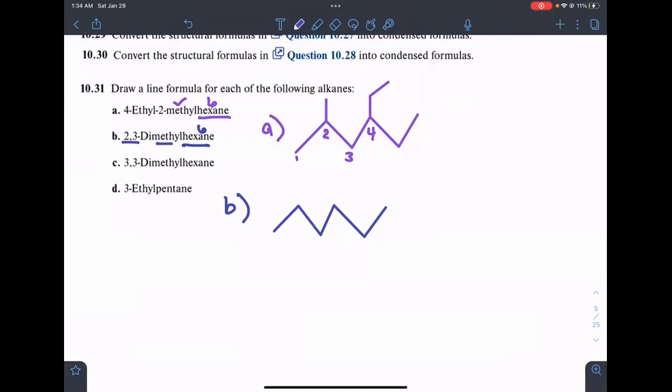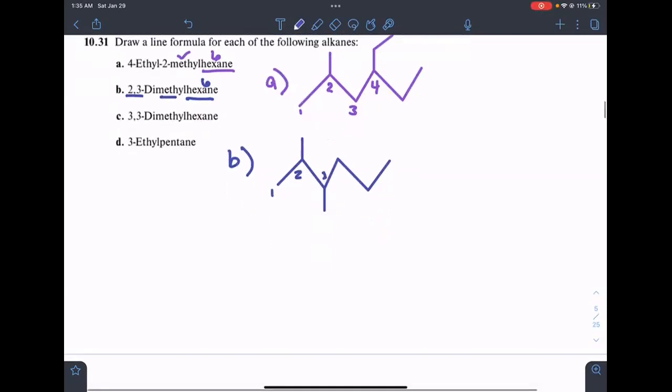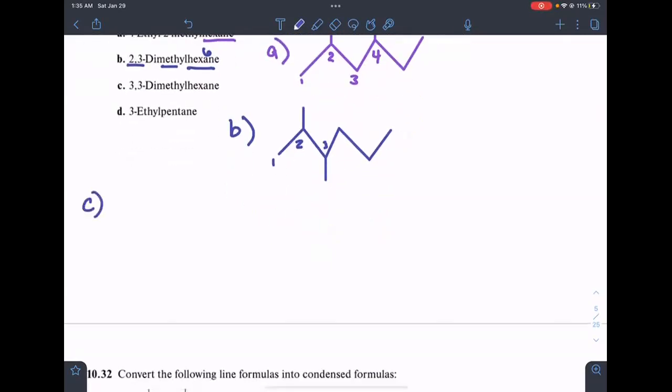I'm going to put it on carbons 2 and 3. So we're going to number them 1, 2, 3. You can keep numbering, but these are the only ones you need, right? So on 2, we're going to put a methyl. And then, I should put my 3 to the other side. And on 3, I'm going to put a methyl.